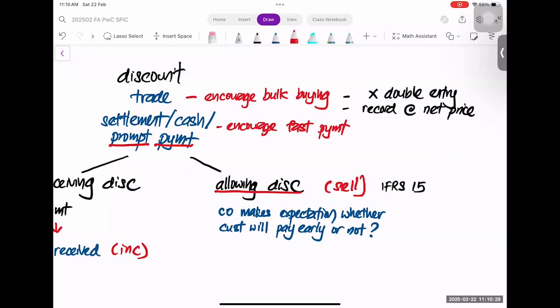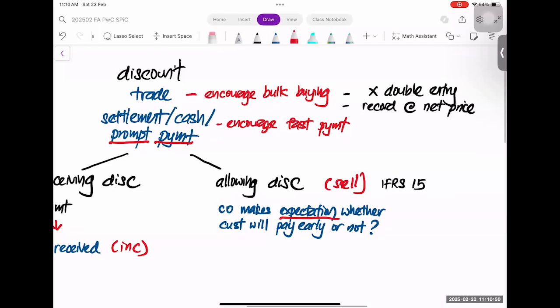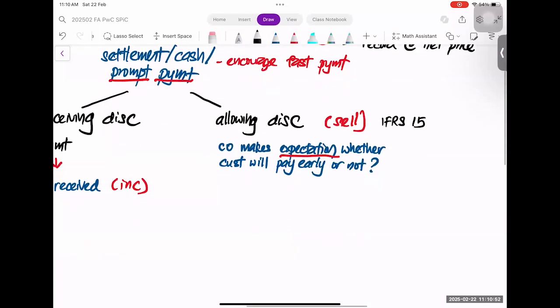So since you can't control when the customer makes the payment, you also won't know whether the customer will take the discount or not. Because by right, they only get the discount if they pay early. So therefore, what we need to do is to make our own expectation. So there are two scenarios that branch out from here.